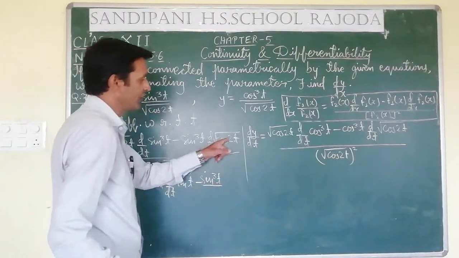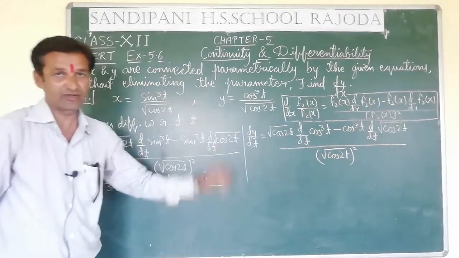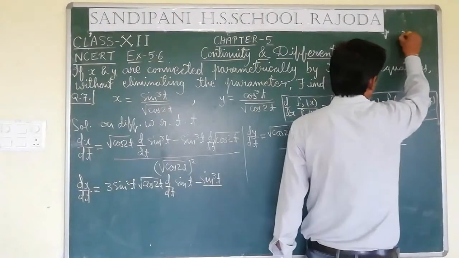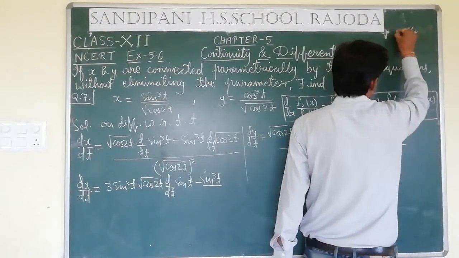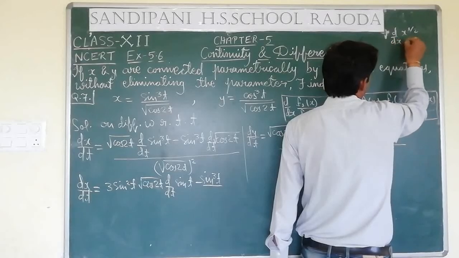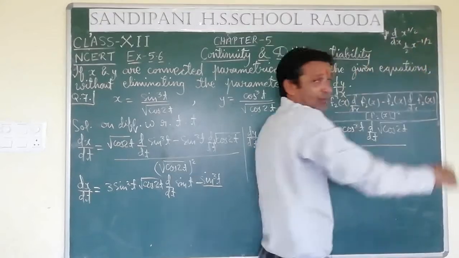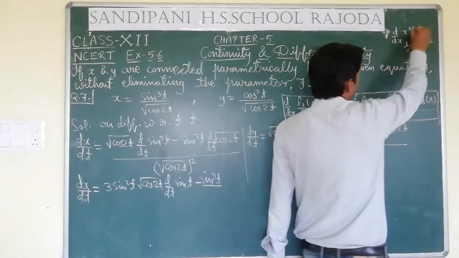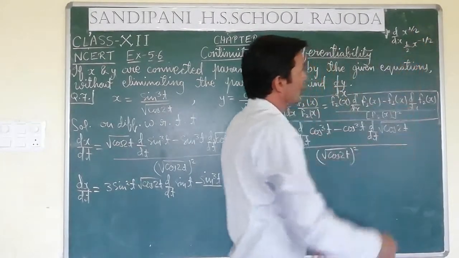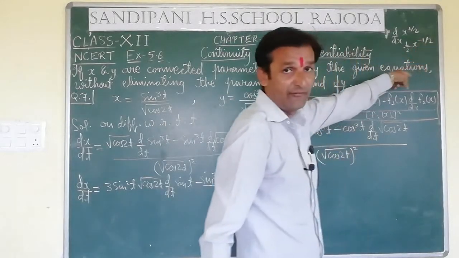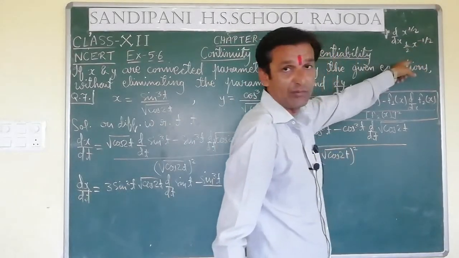Differentiation of root x, you know very well, is 1 upon 2 root x. As x raised to the power half, differentiation is half x raised to the power minus half, because half minus 1 is minus half. So we may write it as 1 upon 2 root x, because it is negative power; when we bring it in the denominator, it will become positive.